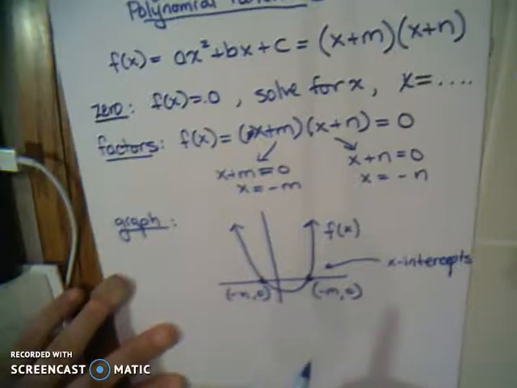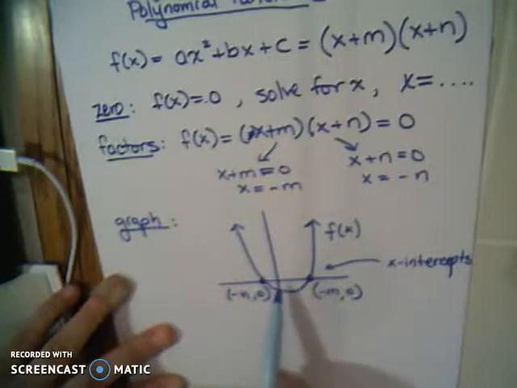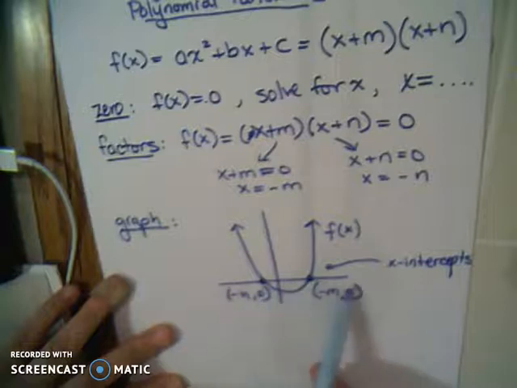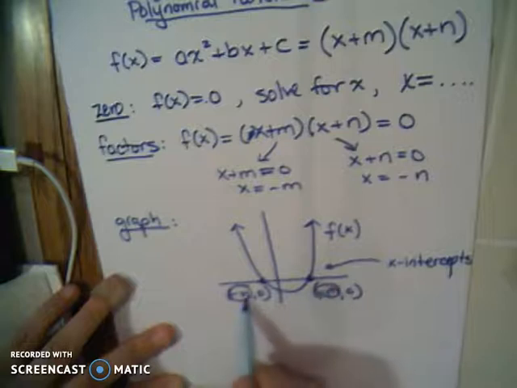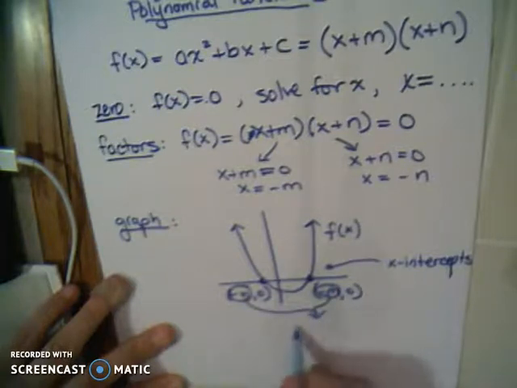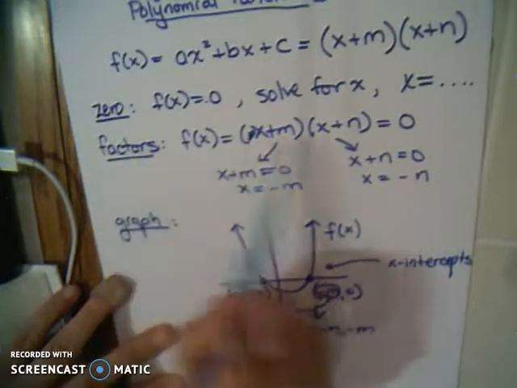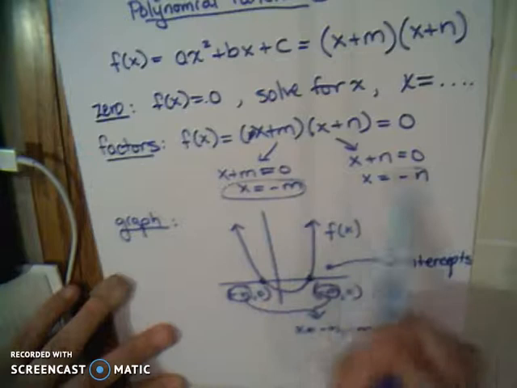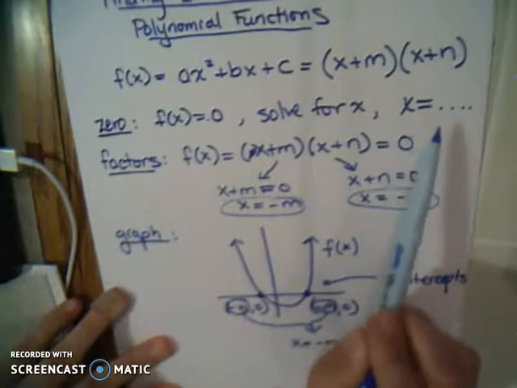Now x-intercepts are points on a graph, so they will be in that ordered pair format. But the special thing about x-intercepts is their y-coordinate is always 0. So if we can look at a graph and identify the x-intercepts, we could just pull those values out. So we can get it from the factors, we can get it from the graph, and all of those are zeros.